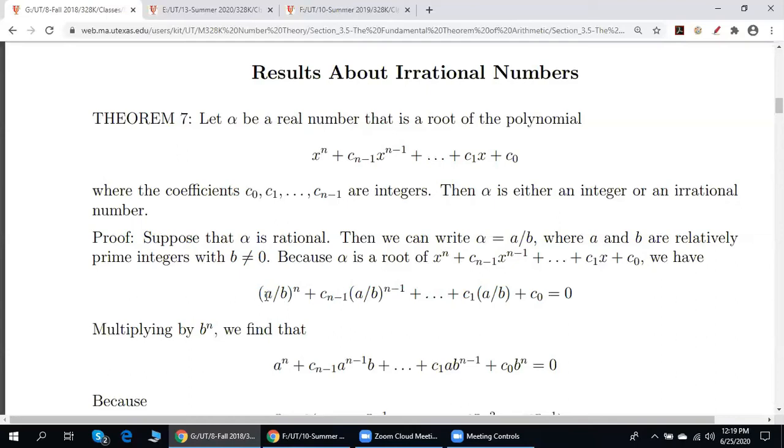Next, multiply both sides here by b to nth power. If you multiply this by b to nth power, the result is a to nth power. If we multiply this by b to nth power, the result is a to n minus 1 times b, and so on.